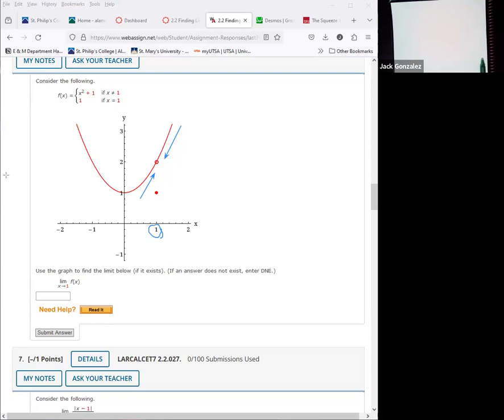Yeah, you see how the limit is going to 2, but what is the functional value, the actual output at 1? You notice how the output of the function is not the same as the limit.